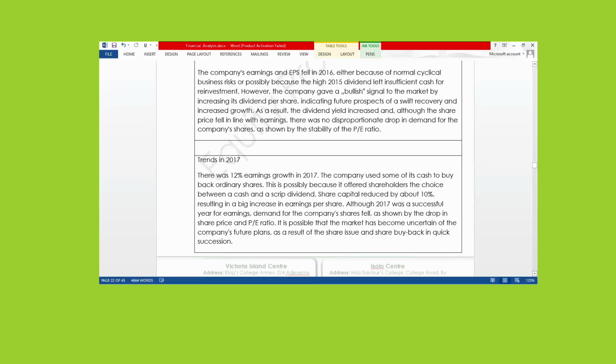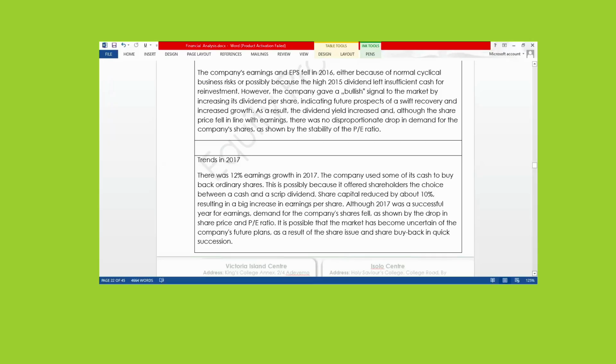It is possible that the stock market has become uncertain of the company's future plan as a result of share issue and share buyback in quick succession.